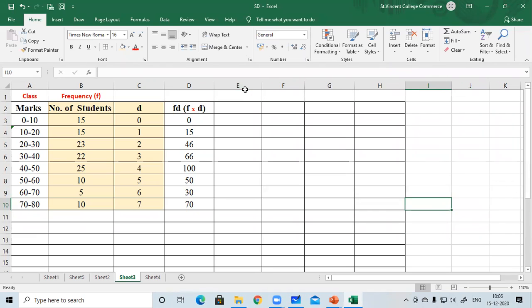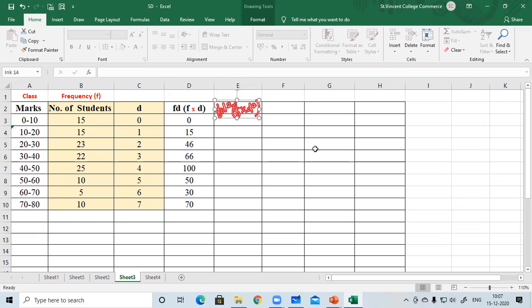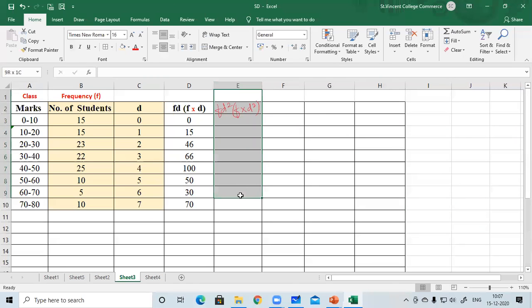Now I require FD square, which is actually F into D square. How do I get this column?